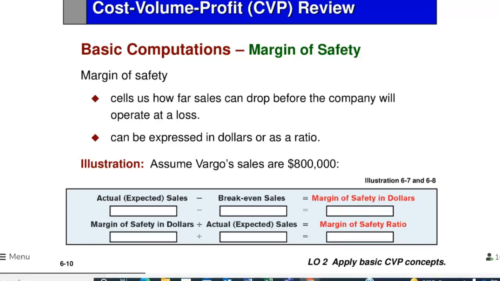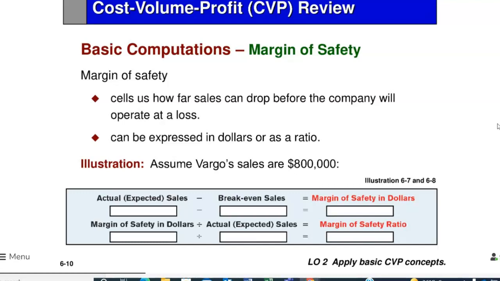Now, to calculate it, you calculate it in dollars, but quite often it's expressed as a ratio of sales. So you take the actual sales minus the break-even sales, and that gives you the margin of safety in dollars. If you want the ratio, then it's the margin of safety divided by sales.